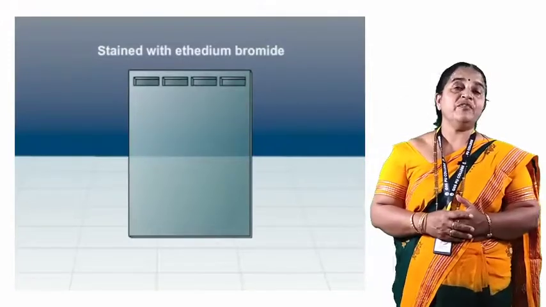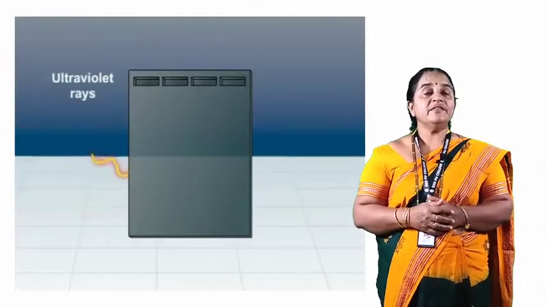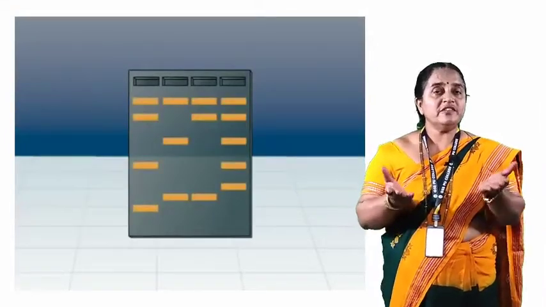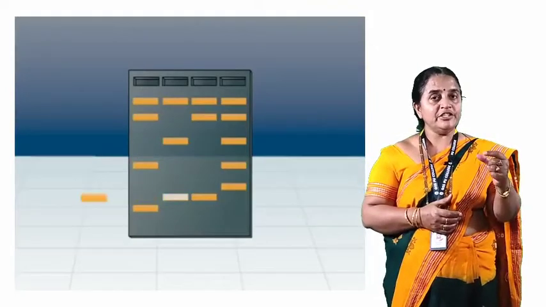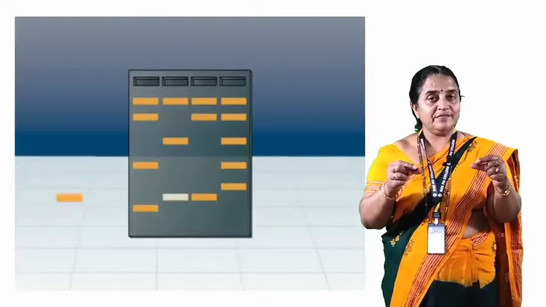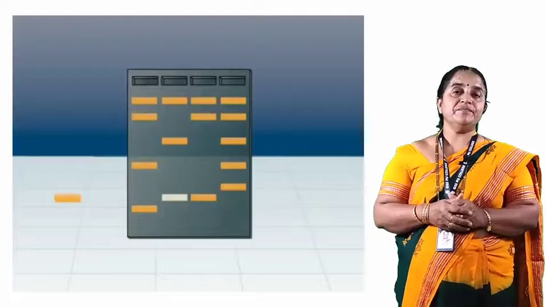They are not visible to our eyes, so we need to add a stain, ethidium bromide. When we expose this tray to UV rays, we can see orange colored bands. These are nothing but DNA fragments present in that gel medium.